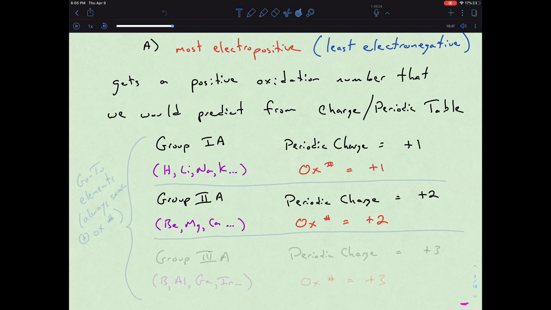And then a third one that we could look to would be group 3A.